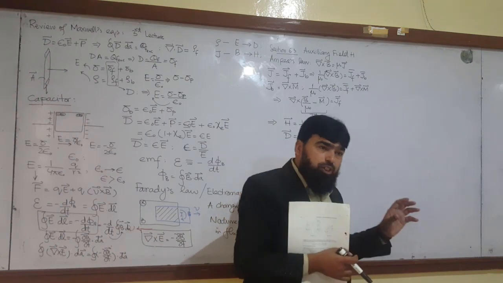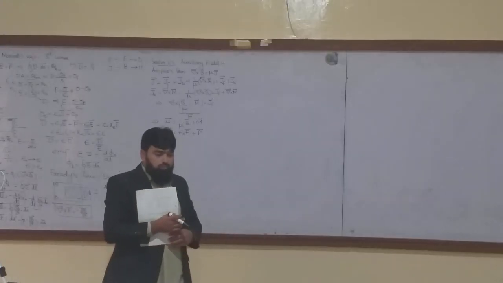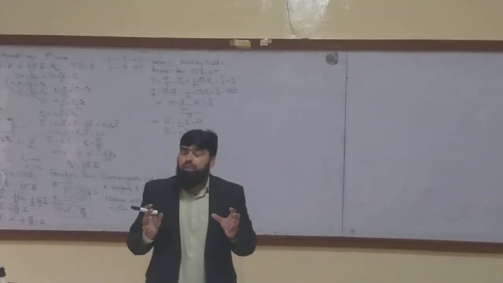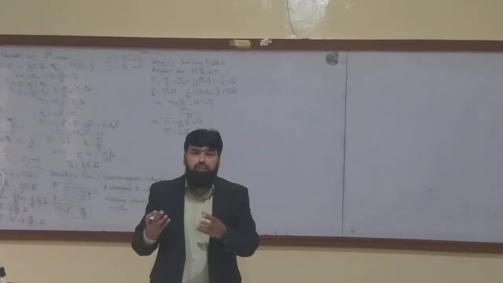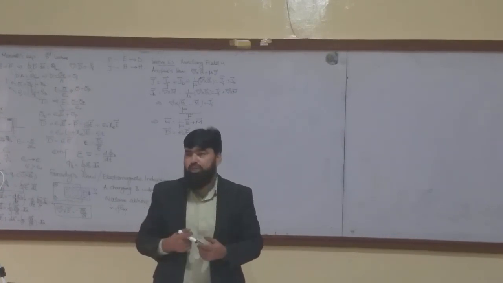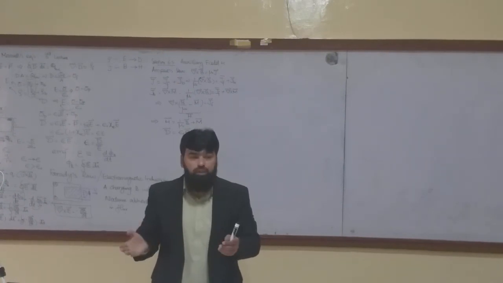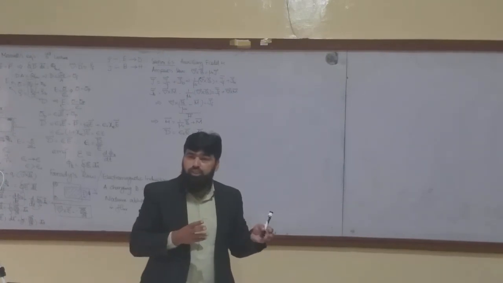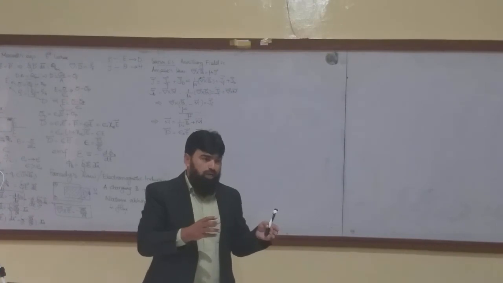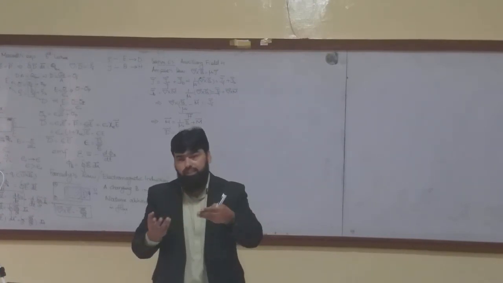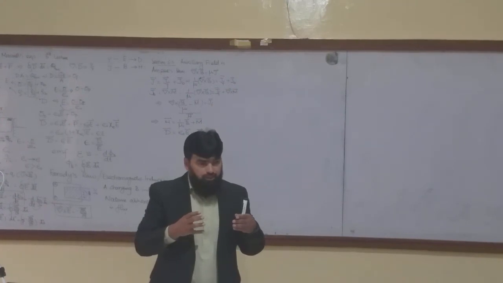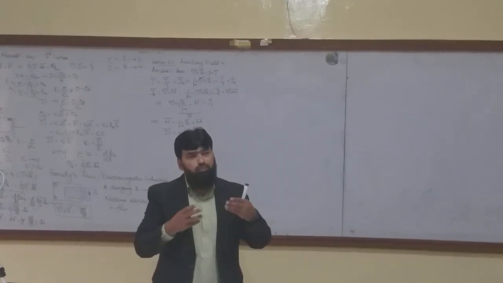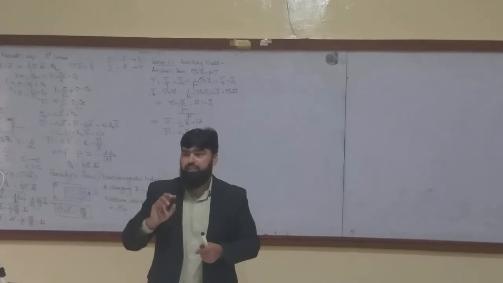So polarization means that over there some of our charge was compromised. Here some of our current will be compromised. Over there charge was compromised in polarizing the material. Here current will be compromised in magnetizing the material.